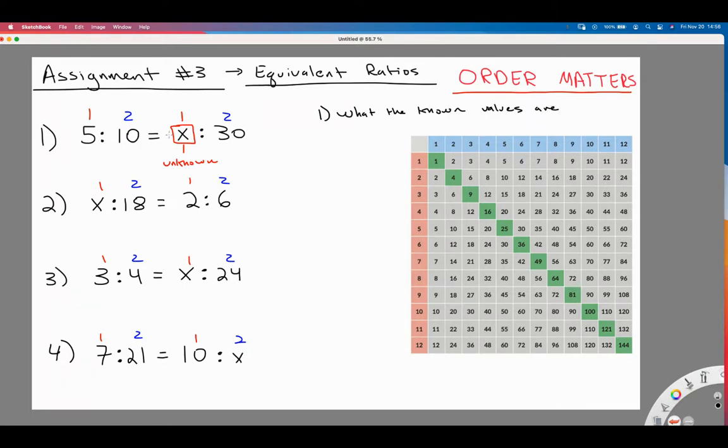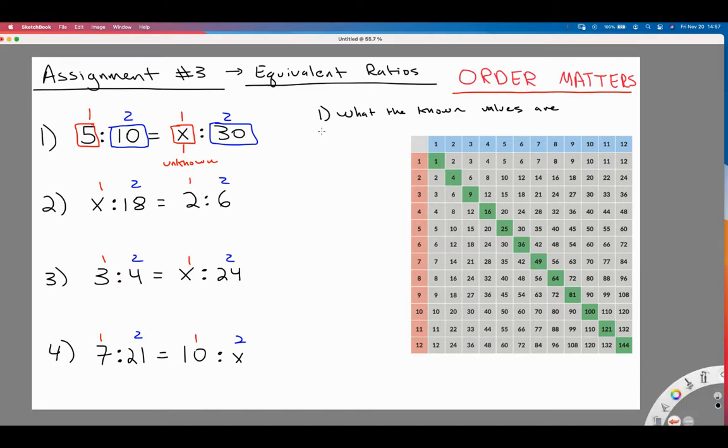When we're looking at this ratio, we don't know what X is, so our first term is unknown. We already know what 10 is, and we know what 30 is. We're not trying to find out what the second terms are. We need to find out what this specific first term is.